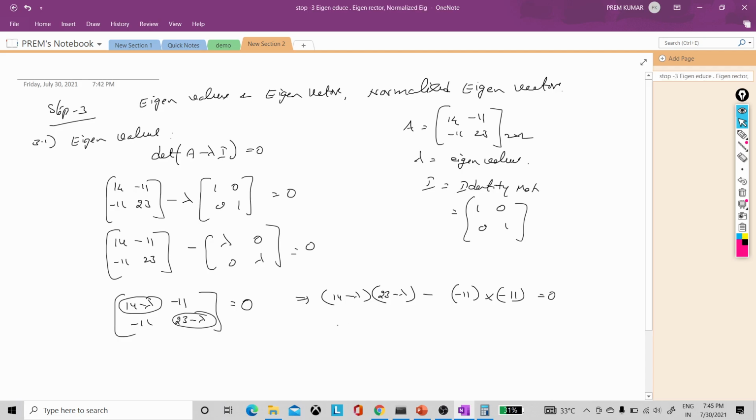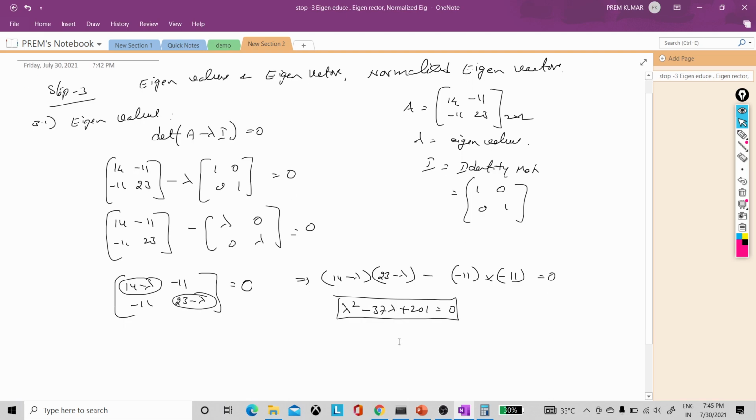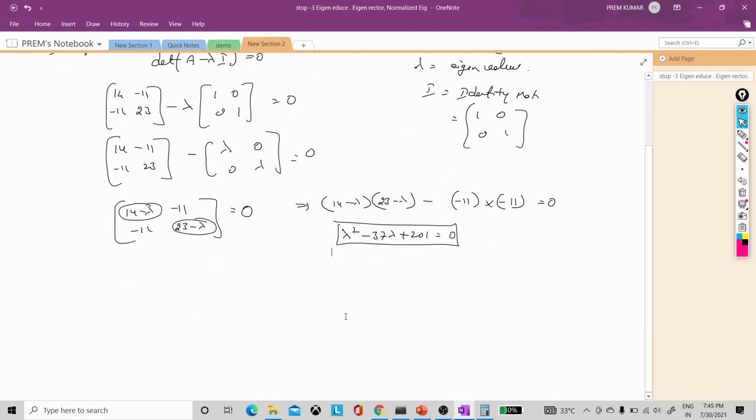So you will get the answer lambda square minus 37 lambda plus 201. Finally you will get this answer. This is the quadratic equation, so we have to find the root values for this quadratic equation.